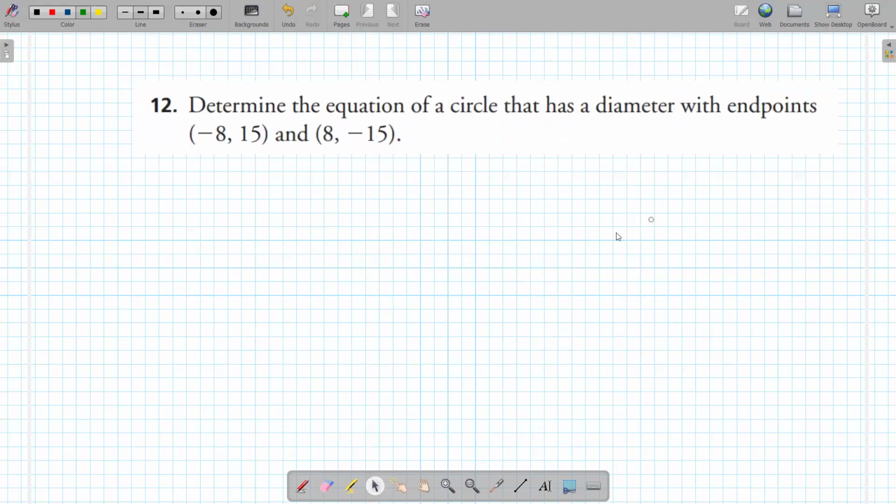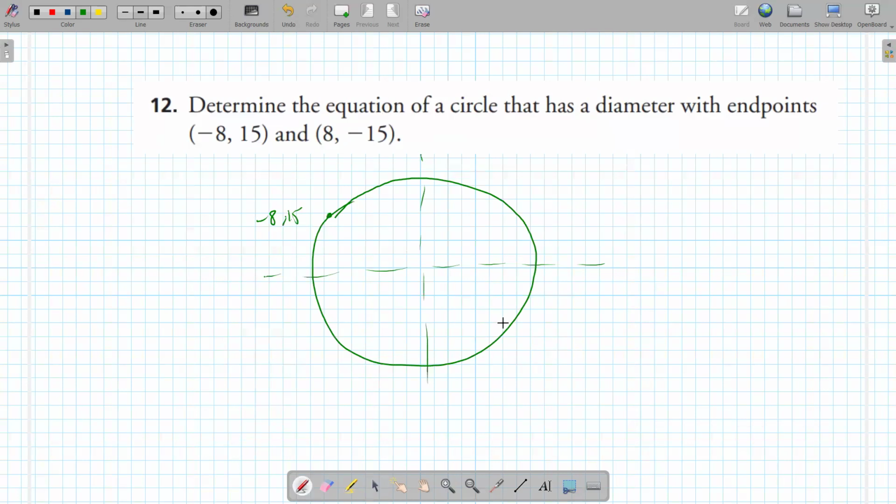Let's look at this one. Now this one says there's a circle and it has endpoints at -8 and 15 and at 8 and -15. And the question now is what is the equation of this circle?